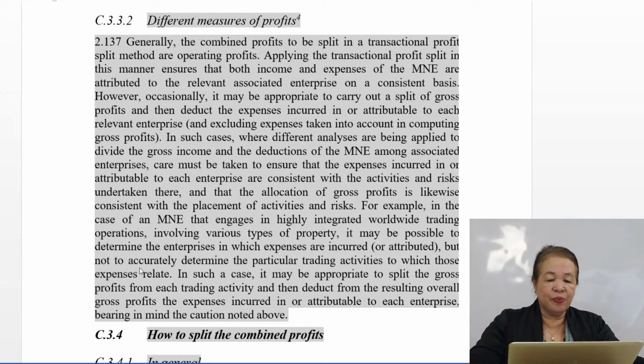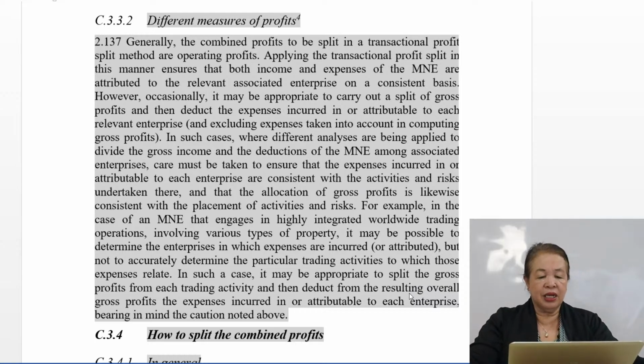So, generally, the combined profits to be split in a transactional profit split method are operating profits. Ibig sabihin ng operating profits, ito yung net income, no, sa ating financial statement, sa income statement. Applying the transactional profit split in this manner ensures that both income and expenses of the MNE are attributed to the relevant associated enterprise on a consistent basis. Bakit consistent? Kasi hindi pa iba-iba yung ating treatment so that hindi magkakagulo, no, na mag-iiba yung ating total.